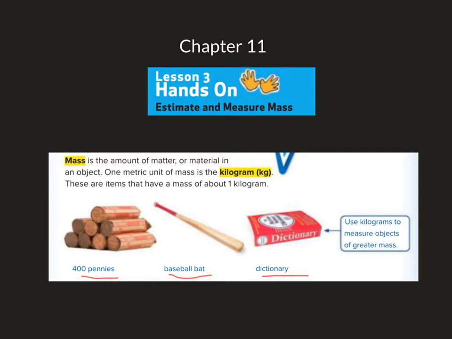We don't use dictionaries too often, so it would be similar to those red hardcover math books you've seen us use in the design lab. Your math book is probably a little lighter than a kilogram, but somewhere in there. So that is what a kilogram is.